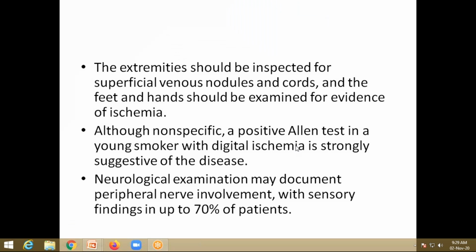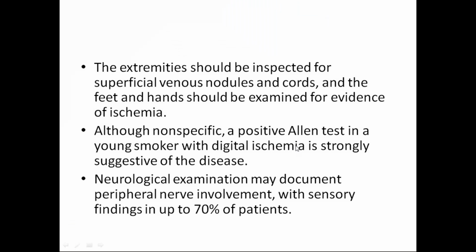Neurological examination may also document peripheral nerve involvement, especially sensory, in 70% of people. I said it is a panvasculitis, involving the nerve, artery, and vein. It is a transmural inflammation of the vessel. So the nervous system of the lower limb is also involved, below the involved segment.